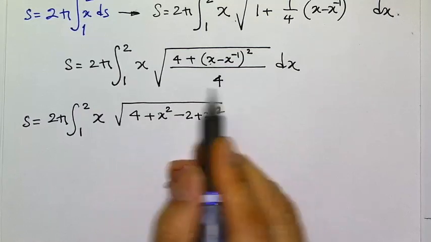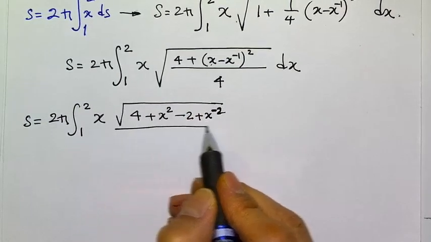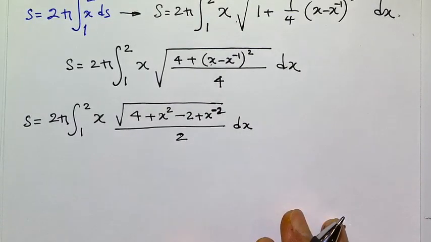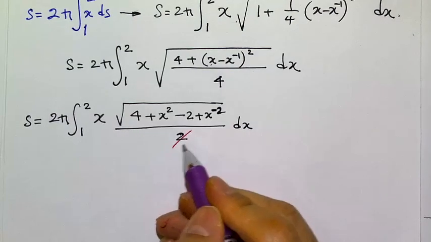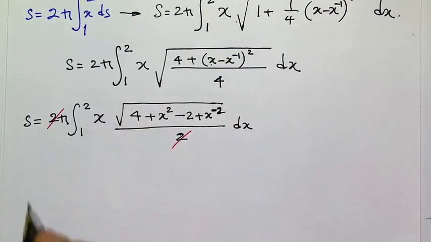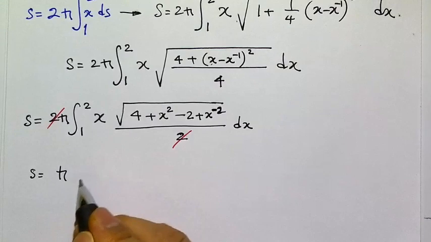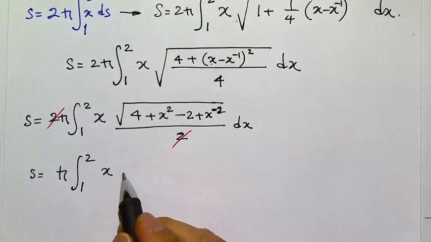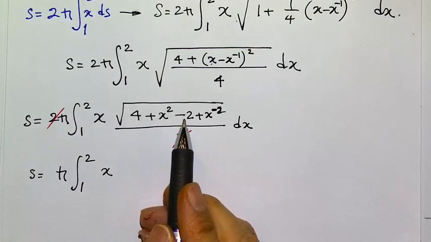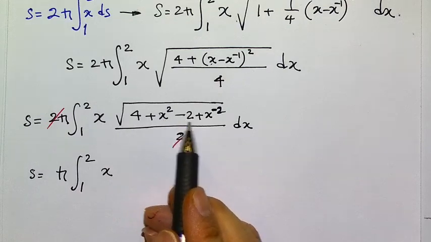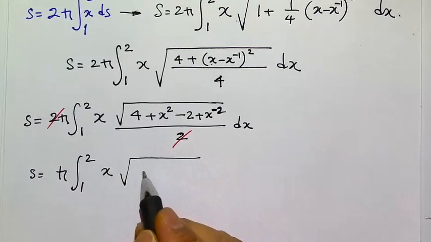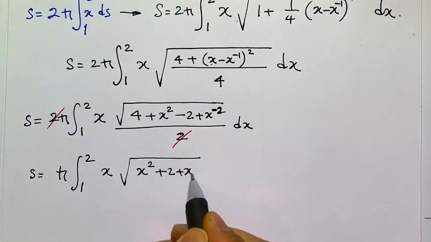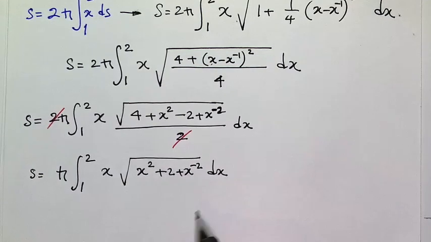And of course, the square root of 4 is just 2. So this 2 and this 2 cancel each other out. We have pi times the integral from 1 to 2 of x times, 4 minus 2 is just 2, x squared plus 2 plus x to the minus 2 power dx.